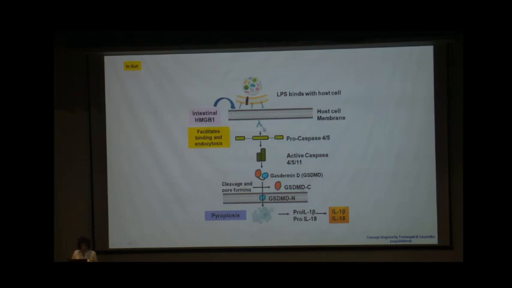So when there is endocytosis, the LPS activates procaspase 4 and 5.